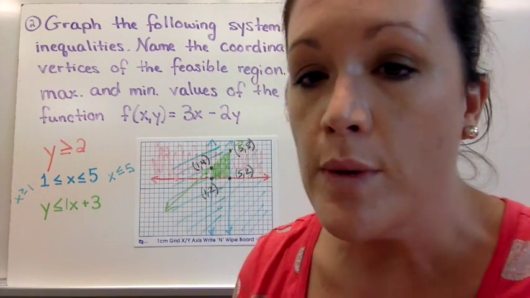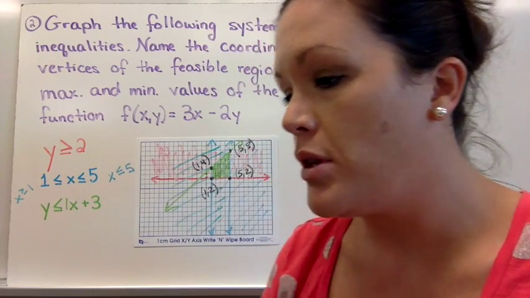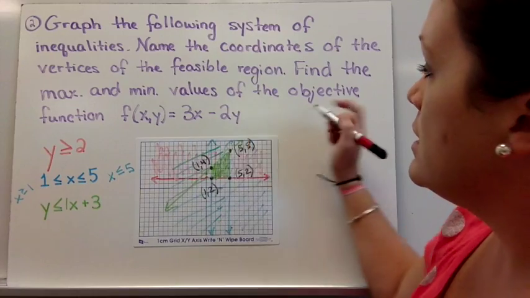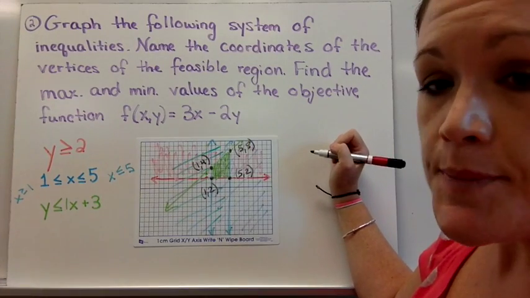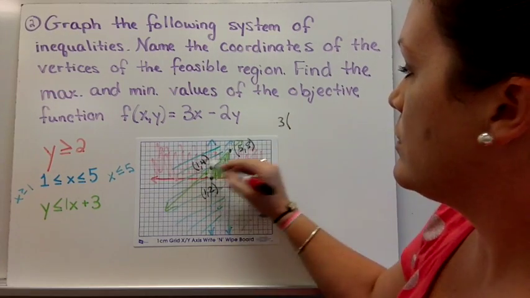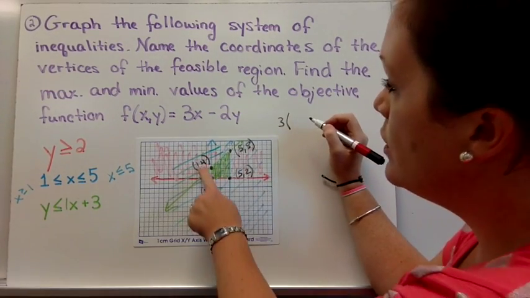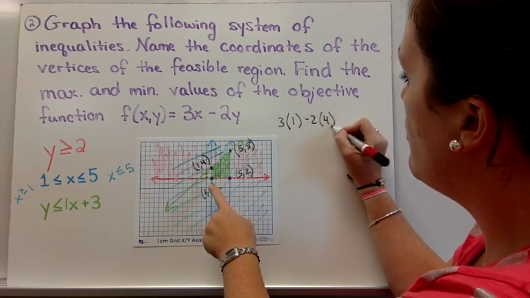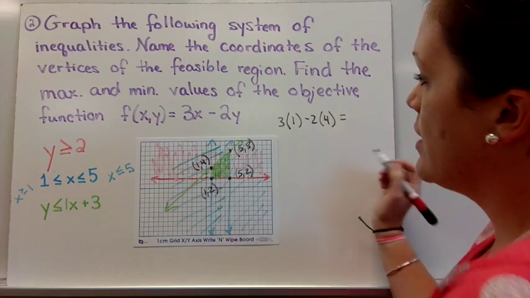Now we're going to do what we did in the first example and plug those into our objective function. So we're going to plug them in here and see which one is our maximum and which one is our minimum. So let's just start with 1, 4. So 1 for my x, 4 for my y, and I'm going to figure that out.